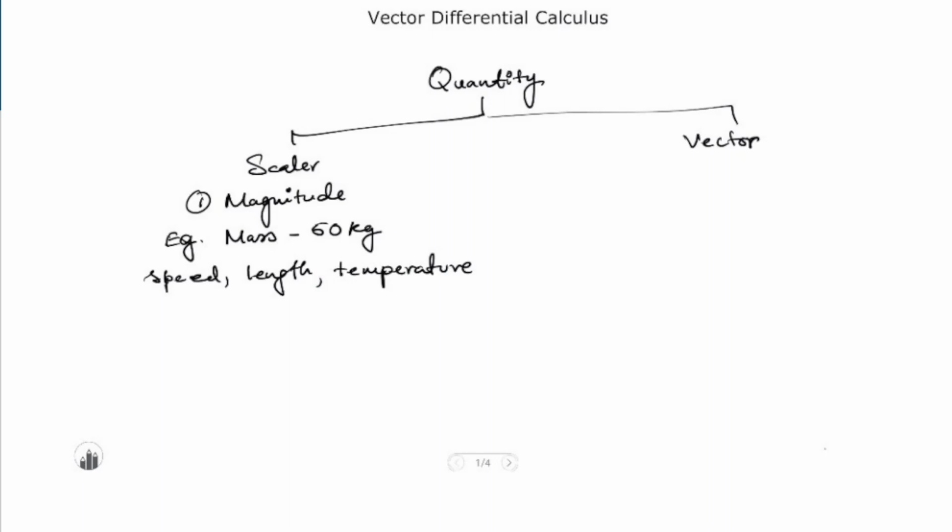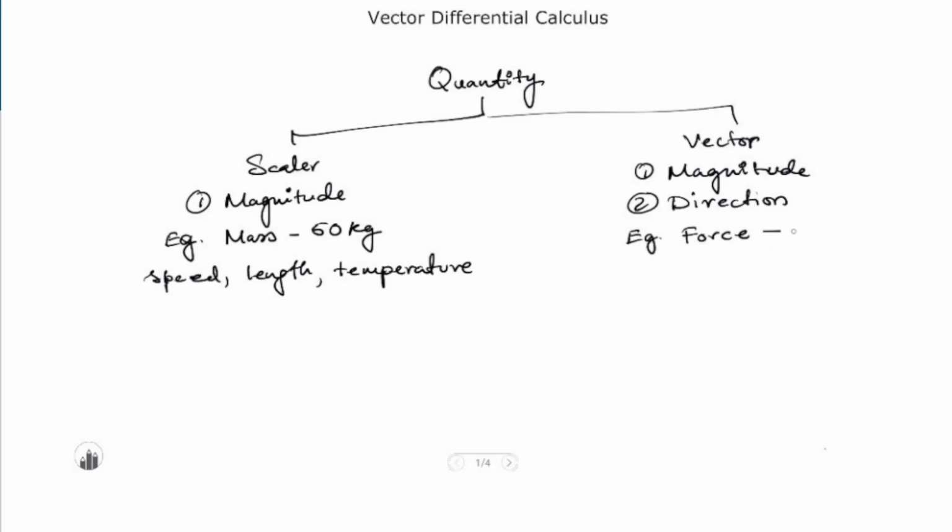Now talking about vector quantities, we have here magnitude, but also direction. So in vector quantities, we have two things: magnitude and direction. One example of it we could talk about is force.